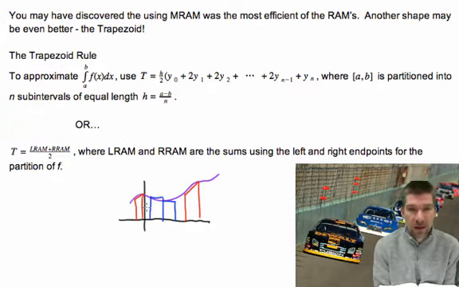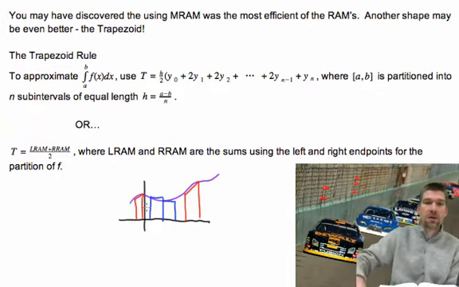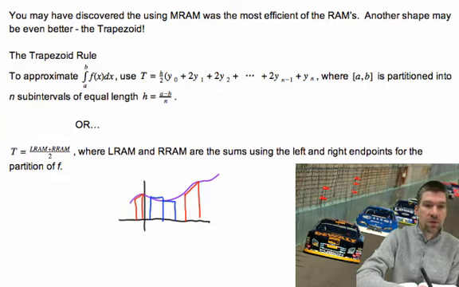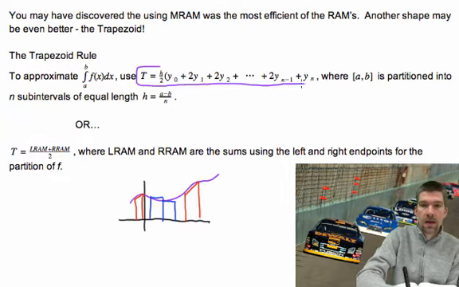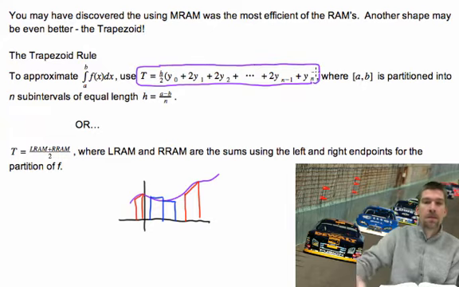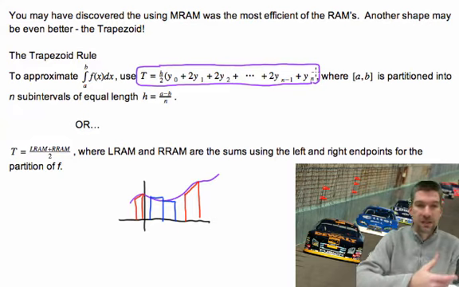To approximate the definite integral from a to b of f(x) dx, we've got this formula here, and it's T for trapezoid. a is where we start, b is where we stop, and we're going to have n sub-intervals.